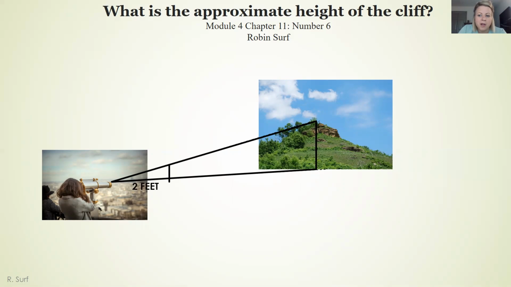Now, all of the corresponding angles in the smaller triangle correspond to the angles in the larger triangle. So 2 times the height of the larger triangle will equal the height of the smaller triangle, calculated into feet. And when we solve for that, the height of the larger triangle is 770. So the height of the cliff is 770 feet.